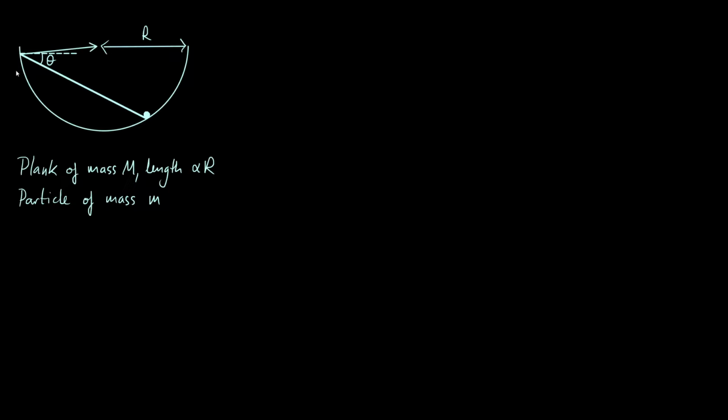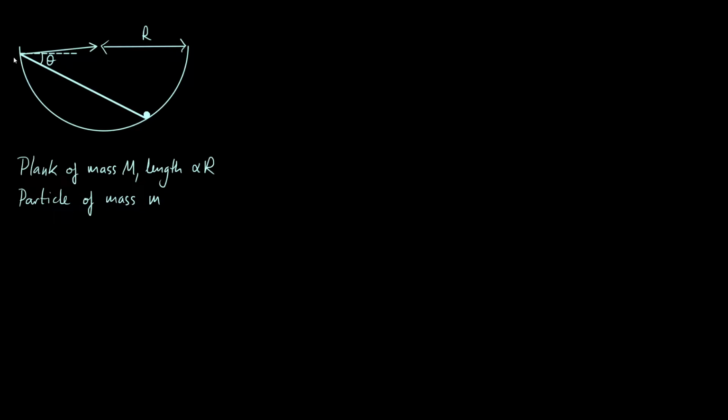The reason for that is, as I just said, it's a normal reaction force. So this force has to act normally to the surface of the bowl, but the angle between a tangent and a radius of a circle is always 90 degrees.